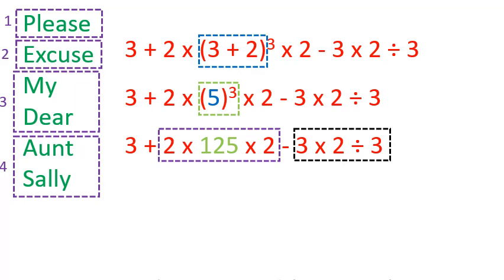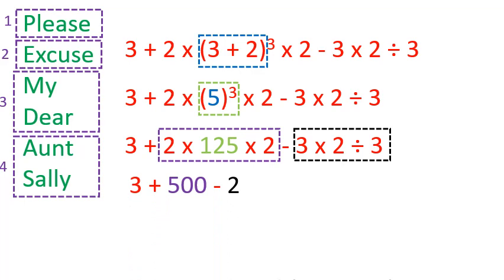Any string of multiplication and division that is not interrupted by an addition or subtraction we'll do all together. So we'll take that part that's encircled by the purple rectangle, and we'll multiply 2 times 125 times 2. And then we'll take that part that's encircled by the black rectangle, and we'll multiply 3 times 2 and divide that by 3.